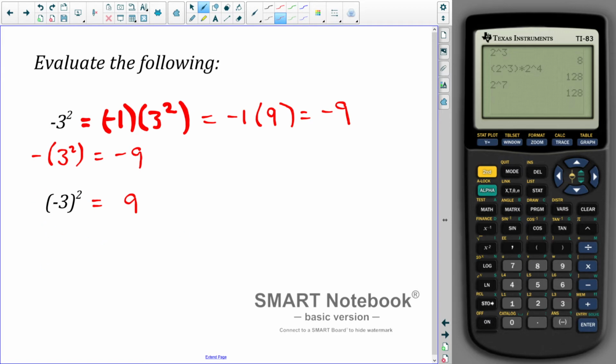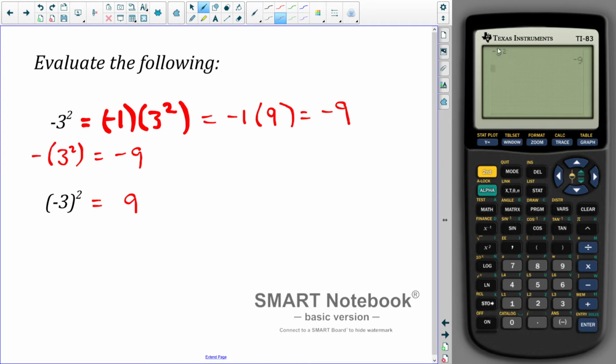Okay. If we look at that on a calculator, if I just type the negative here, and this means negative, not minus, so negative 3 to the second power. So I have a squared, I can just use this shortcut here. So negative 3 to the second power, you see I get negative 9.